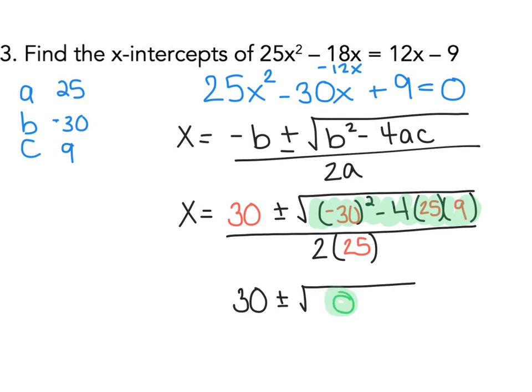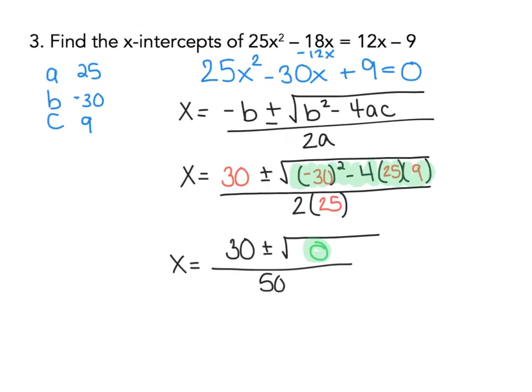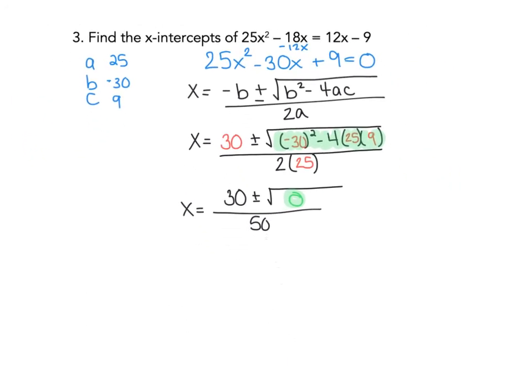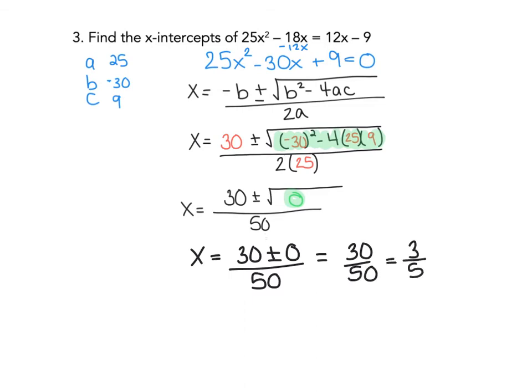0 over 50. Now, that's actually kind of nice, because what's the square root of 0? It's 0. Give myself a little more space to write. So I have x equals 30 plus or minus 0 over 50. Well, adding 0 or subtracting 0 leaves me with just 30 over 50, which reduces to 3/5.